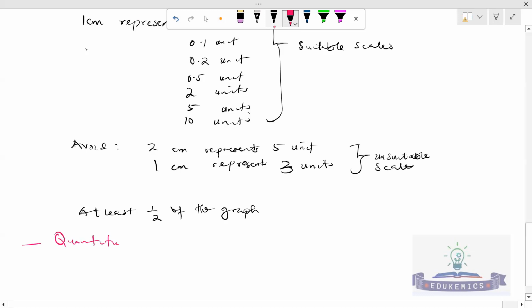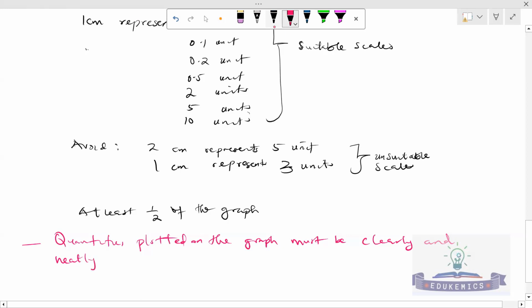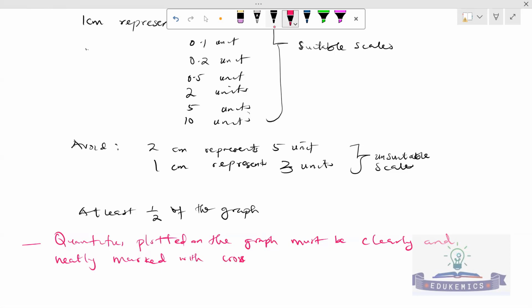Quantities plotted on the graph must be clearly and neatly marked with crosses, X, or plus signs, or circles, or even dots.